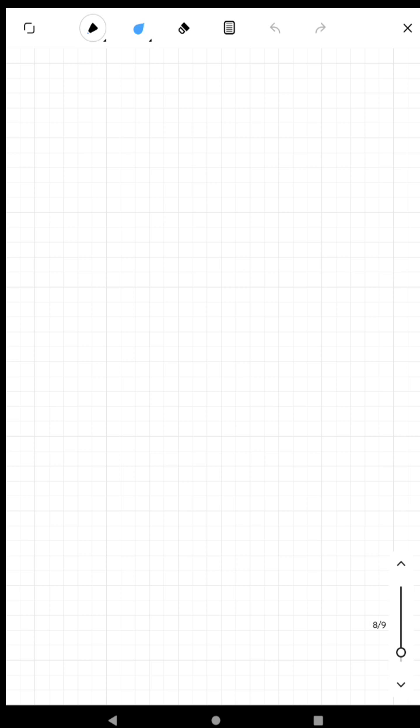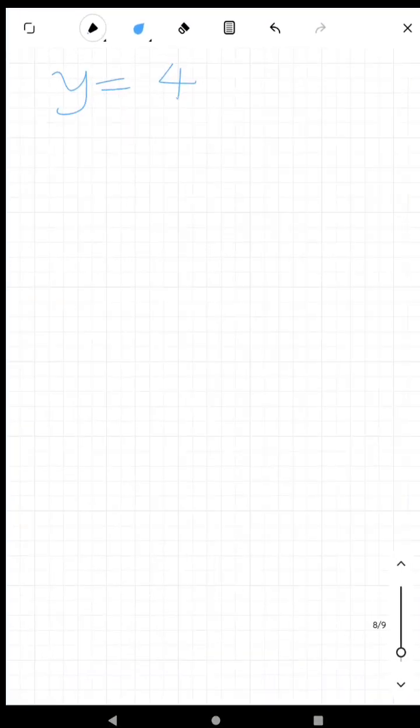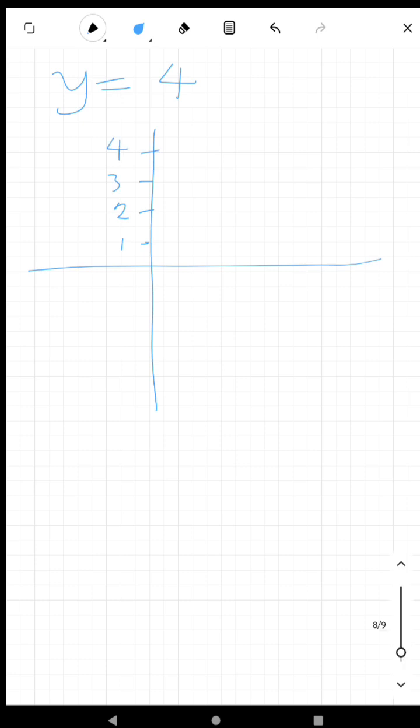So we will plot this one. y is equal to 4. If you have a graph, let's say you have here 1, 2, 3, 4. Remember that we said m is 0, c is 4.